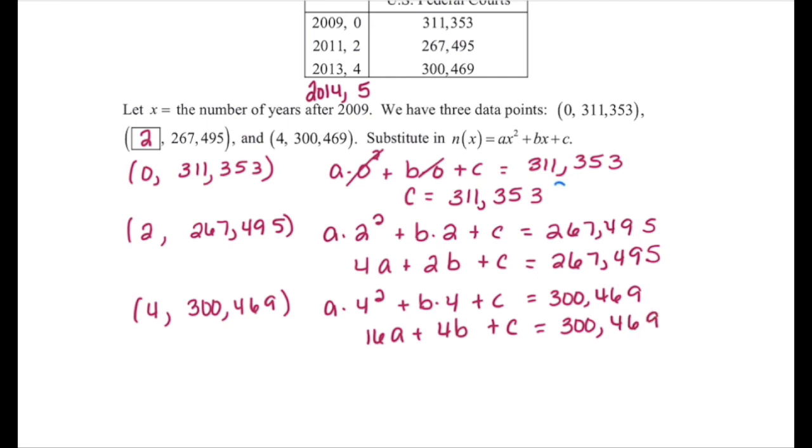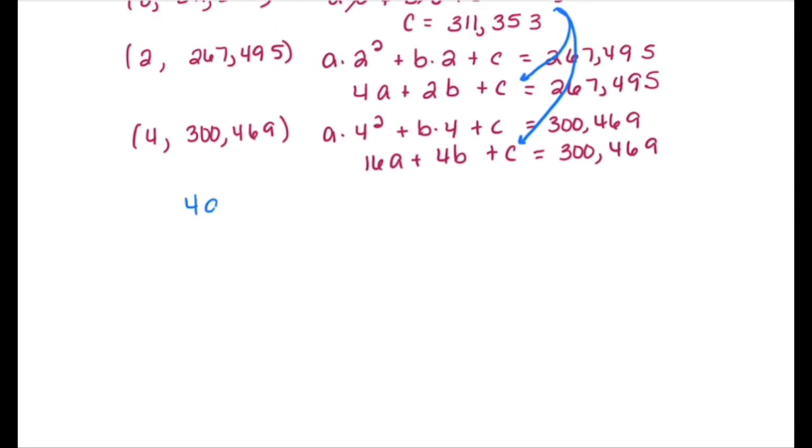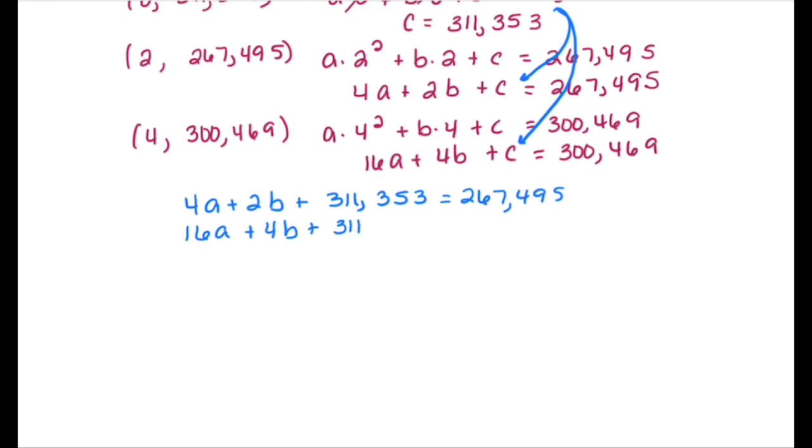We just found c. So I'm going to replace c both here and here so that we only have 2 equations in 2 variables. When I do that, then I'll have 4a plus 2b plus 311,353 equals 267,495, and 16a plus 4b plus 311,353 is 300,469.